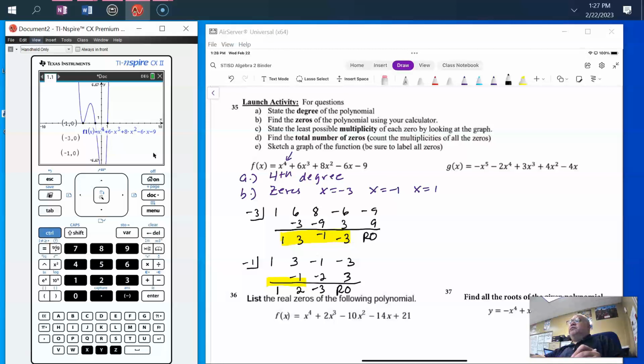So now I'm going to try 1. And you might be saying, well, what am I going to use? I'm going to use this quotient.